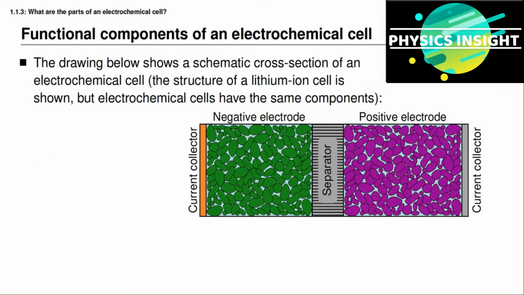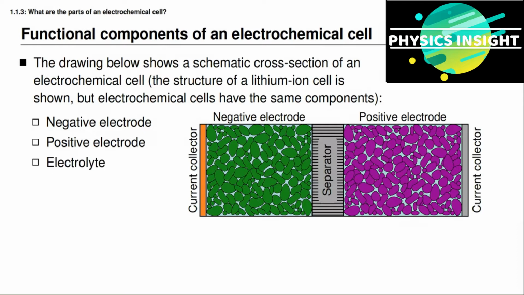On this slide I have included a drawing that you will see many times in the specialization that depicts a cross-sectional view of the internals of a battery cell. To the left of the drawing, the negative electrode is shown as a collection of green shapes, and to the right, the positive electrode is shown as a collection of purple shapes.